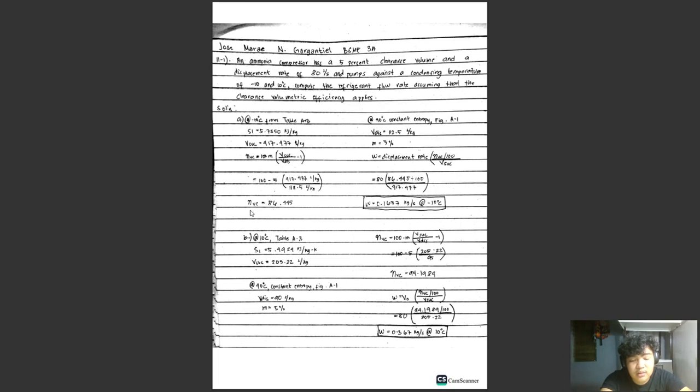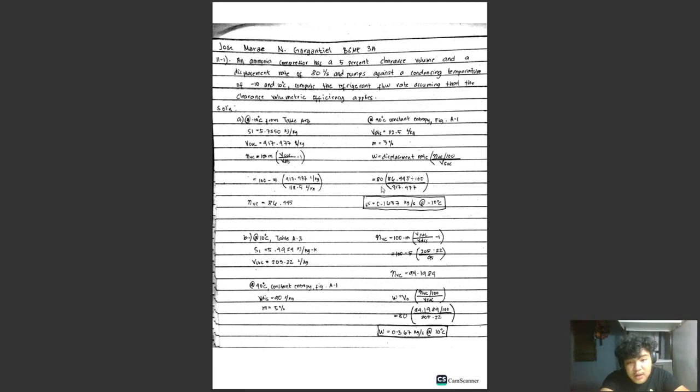Next, after we get the value of our clearance volumetric efficiency, we need to solve for the mass rate of flow. The formula is W equals displacement rate multiplied by NVC divided by 100 over VSOC.